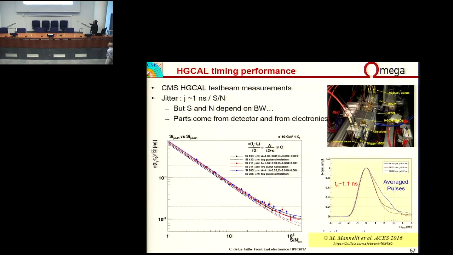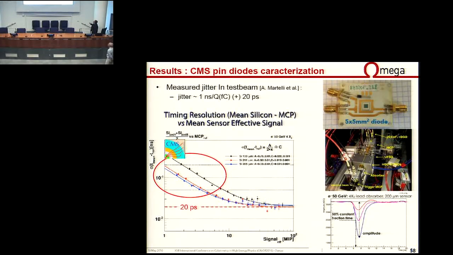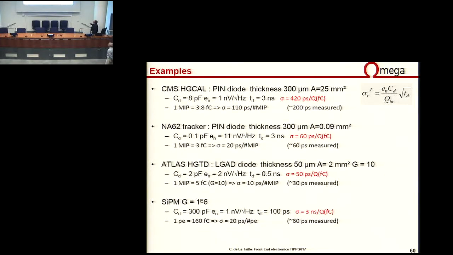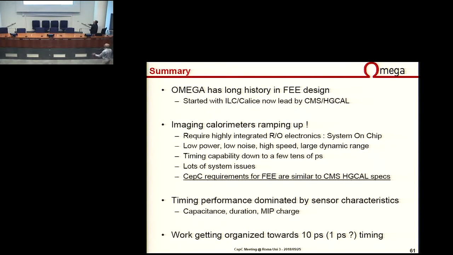Then concerning the timing, I will just show this slide because some people talked about it. For 1 MIP, depending on the detector, we cannot achieve a very precise measurement. Well, that's all. This is my summary.